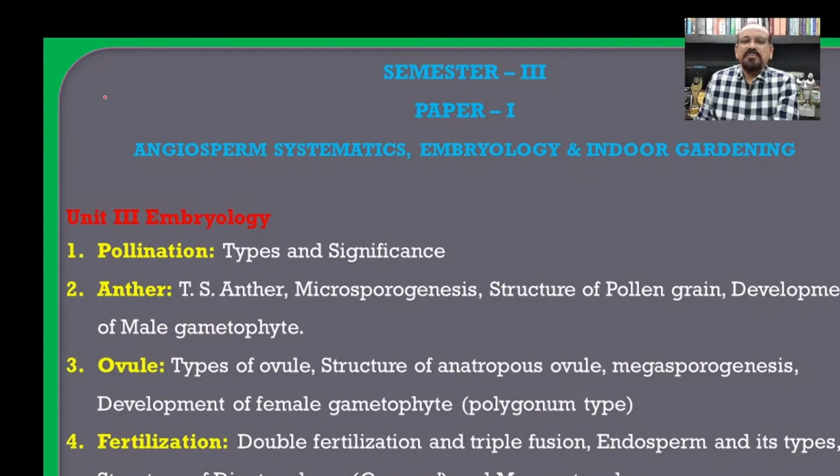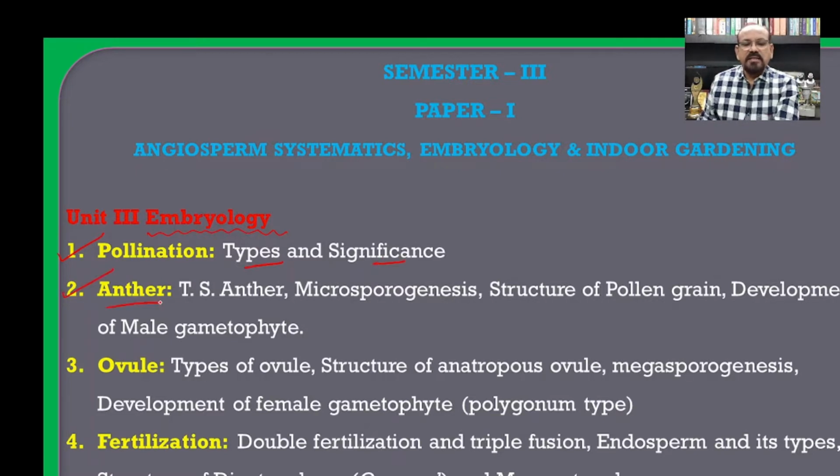As I told you, the first two units were based on angiosperm systematics, the third unit on embryology and the fourth unit on indoor gardening. In this unit, that is embryology, we have four different topics, of which the first one is pollination, which includes types and significance.